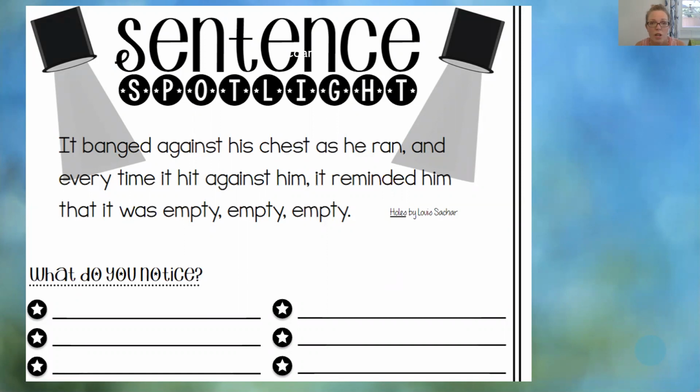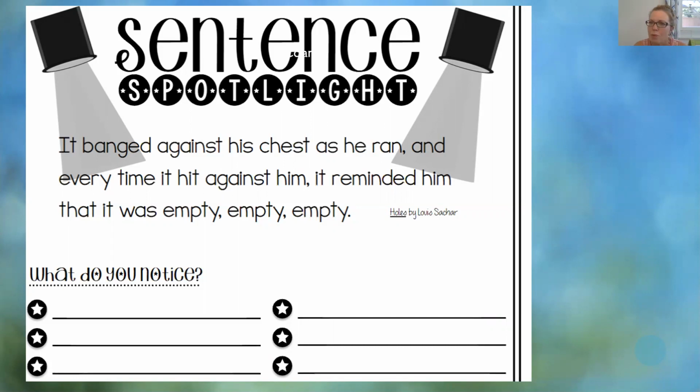So while you go along with me on this really quickly, obviously not as much fun without having your feedback, but we do like to look to our mentor writers and these great authors who write really unique sentences and try to replicate. So for instance, if we're looking at this sentence here, and this is in your pink packet, so if you can fill it out, that would be great.